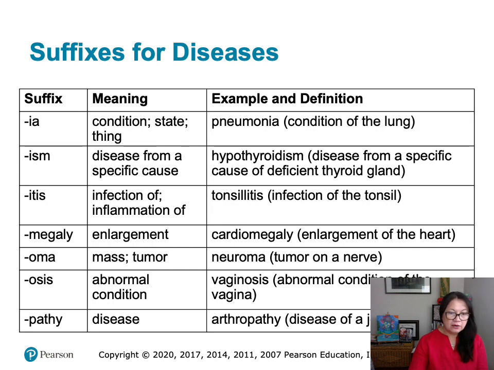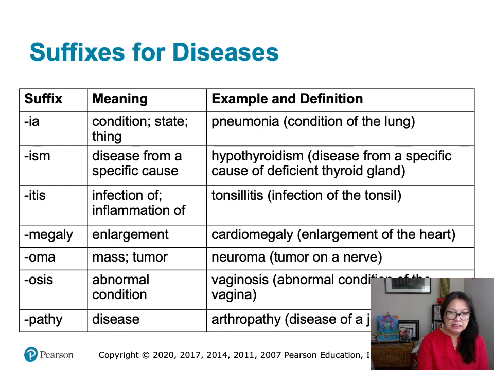The next category consists of suffixes that make the medical word for a disease. These suffixes have a variety of meanings. For instance, the suffix -ia means condition, state, or thing. One example of a medical word that uses this suffix is pneumonia, because the combining form pneumo means lung.